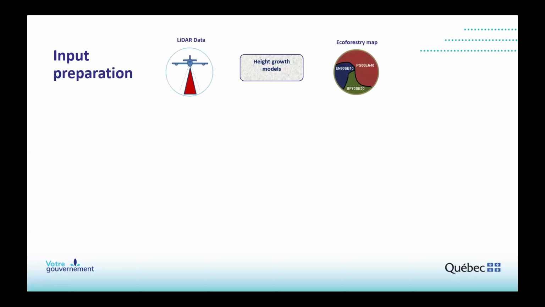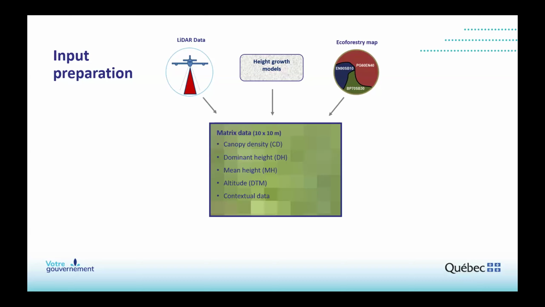So how does this work? First, we need to do an input preparation. We combine data from the LiDAR eco-forestry map and from the height growth model to create a matrix of data at 10-meter resolution. This matrix contains information like canopy density, dominant height, mean height, and altitude from the DTM, and contextual data.